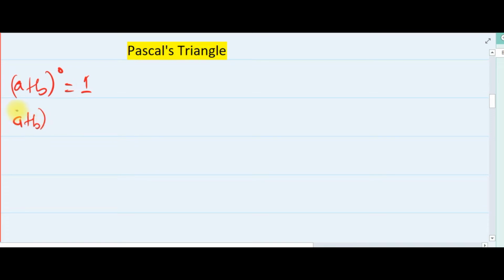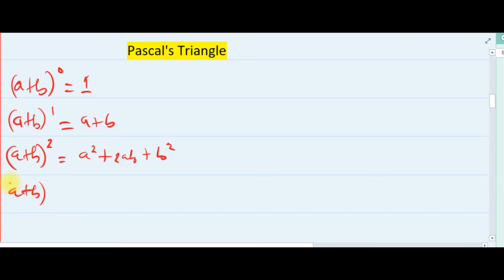A plus B raised to the power 1 is A plus B, while A plus B raised to the power 2 is A squared plus 2AB plus B squared. Let's do 3. You have A cubed plus 3A squared B plus 3AB squared, and finally B cubed.